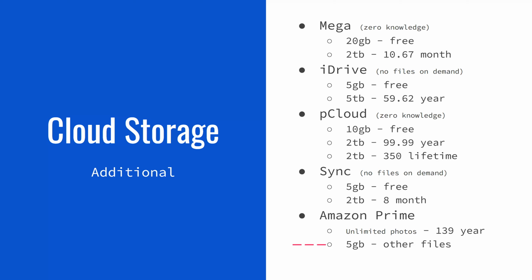The last notable one to talk about, and a lot of people forget about this one, is Amazon Prime. I don't know how many of you have an Amazon Prime membership. I happen to have an Amazon Prime membership, and if you have that, it gives you unlimited photos. So if you have Amazon Prime anyway, you can store an unlimited amount of photos on Amazon Prime.